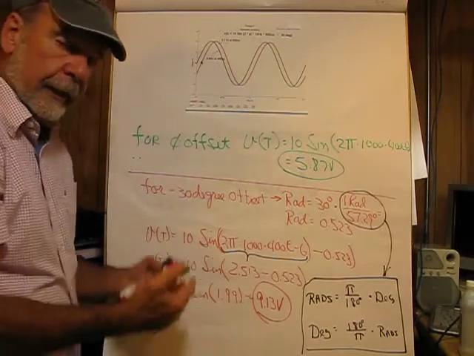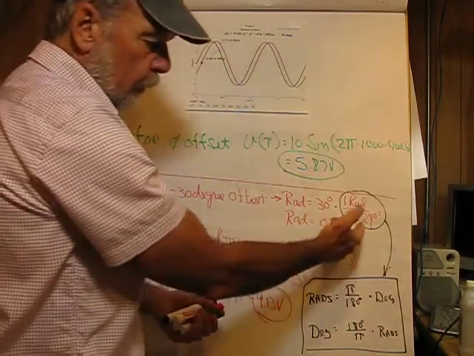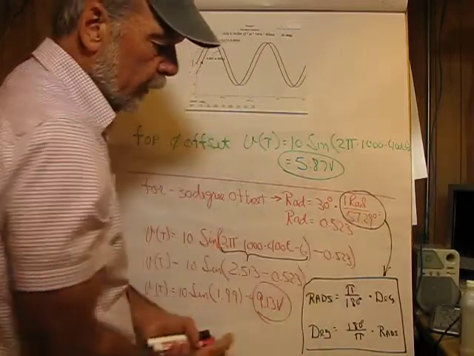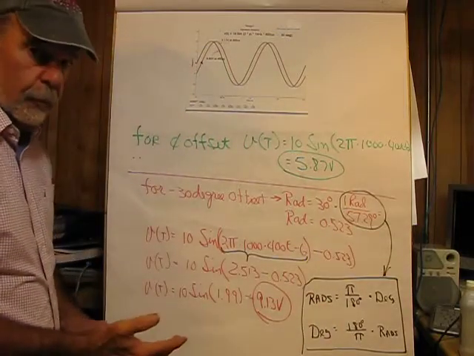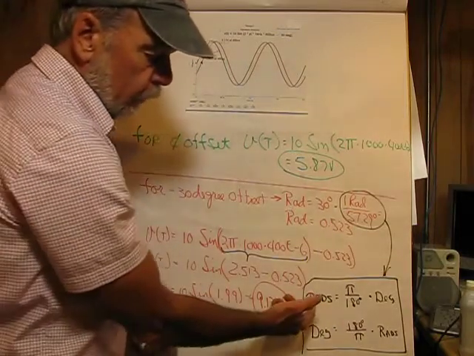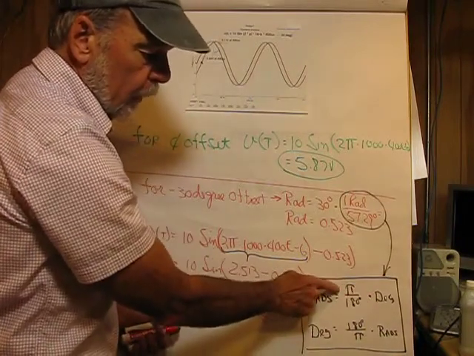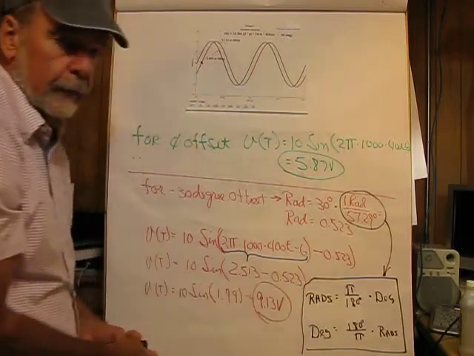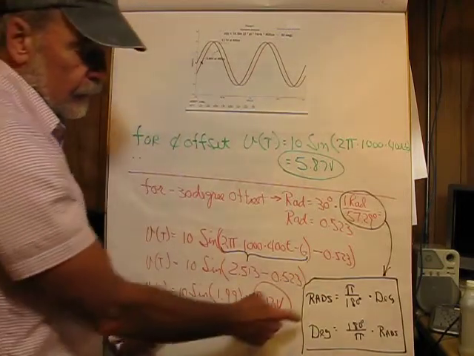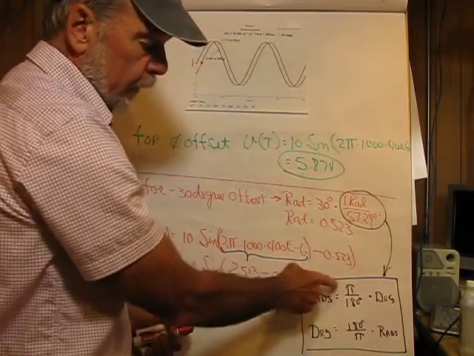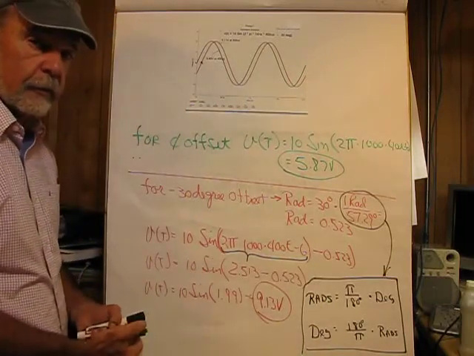Now, if you don't like to remember 57.29 degrees, what your textbook suggests is that to convert to radians, you would be multiplying, in this case, 30 degrees by pi divided by 180. And this actually is a more precise answer because your calculator is going to carry pi out to many digits.